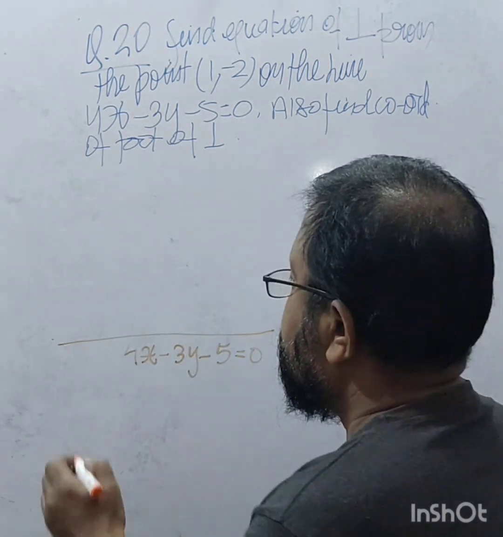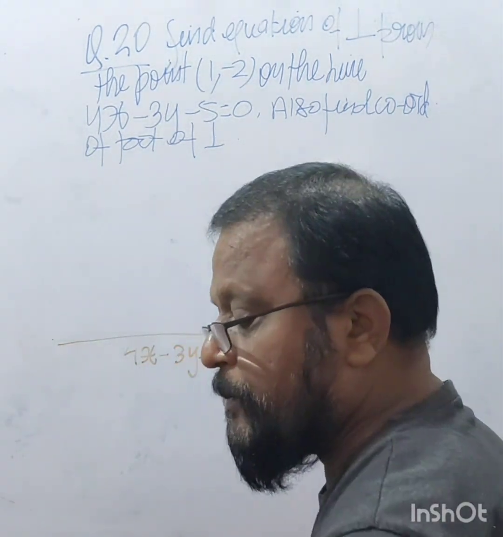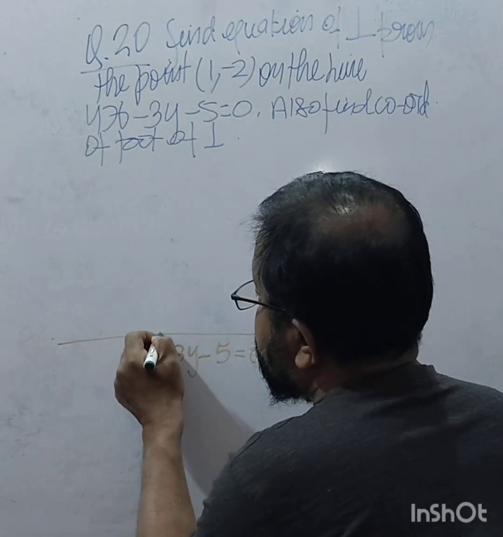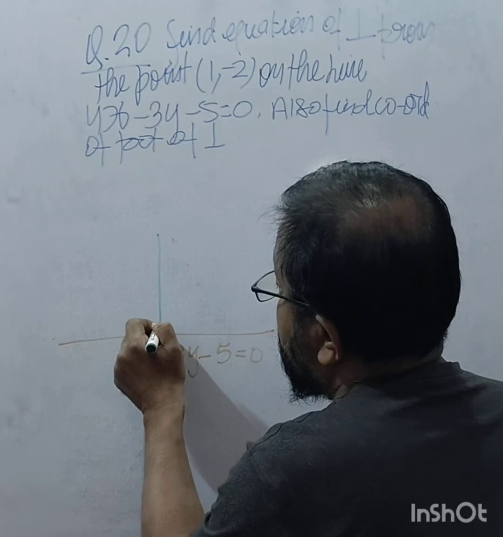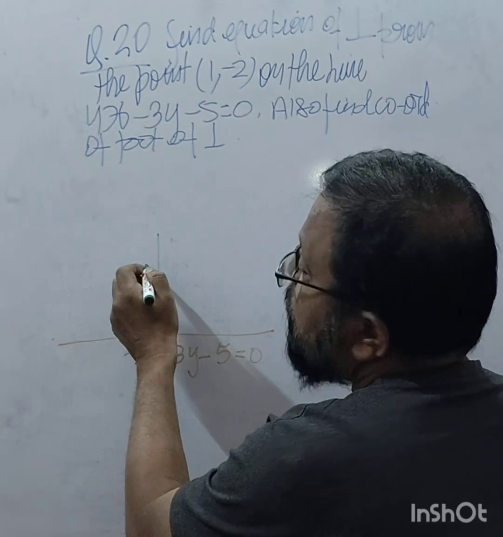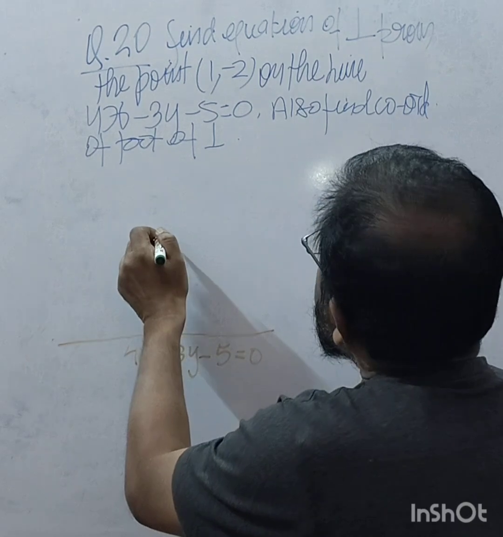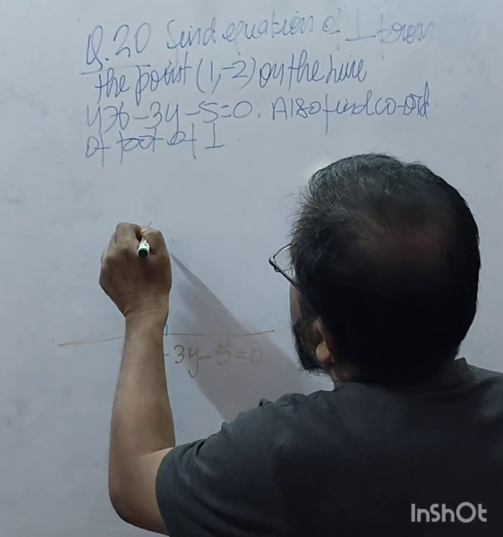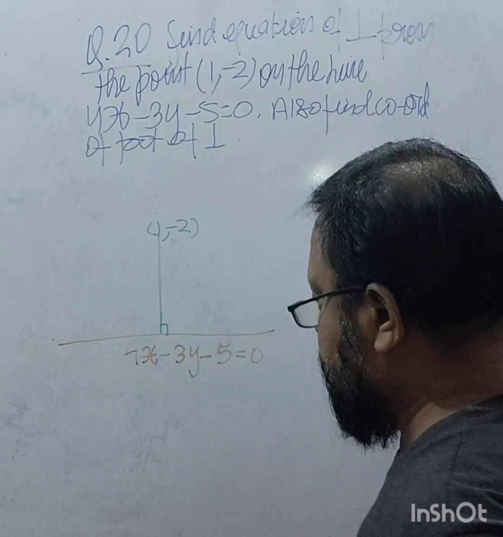And perpendicular to this, there is a line whose equation we have to find out, and the point is 1 comma minus 2. Fine, right?